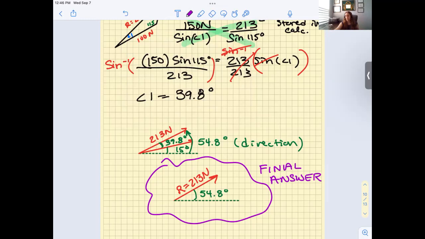When someone tells you to find the vector, they mean both magnitude and direction, not just one or the other. So technically, the magnitude would just be the resultant in this case, and then the direction is just the angle. Yes, the magnitude is the newtons and the direction is the degrees. All right, thank you.